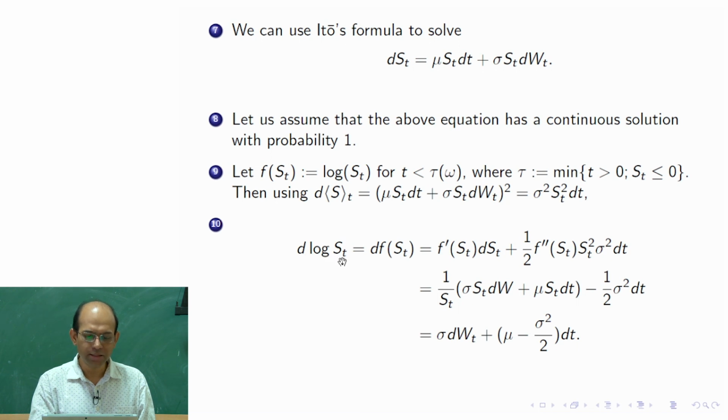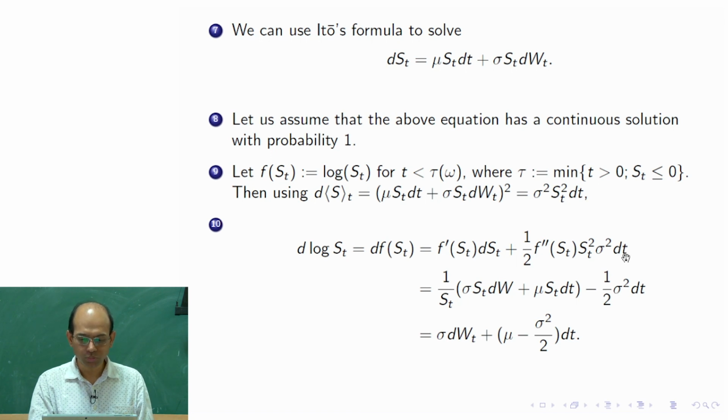d log st is equal to, by Ito's formula, f prime of st dst plus half times the double derivative of f at st times the quadratic variation. The quadratic variation is sigma square st square dt. This is just a direct application of Ito's formula.